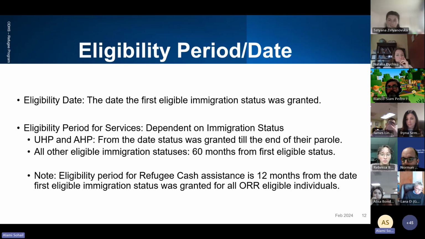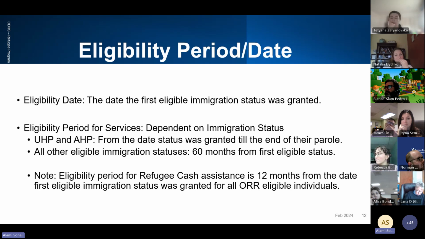Now, if they later on received asylum, let's say January 20th of 2024, their eligibility date would still be the date that they got their parole, not their asylum date. The eligibility date does not reset once you get another eligible status. The original eligibility date remains.